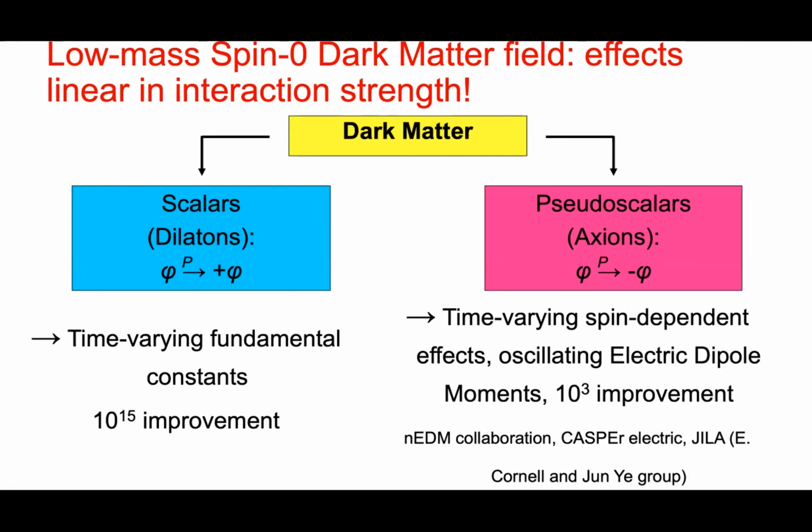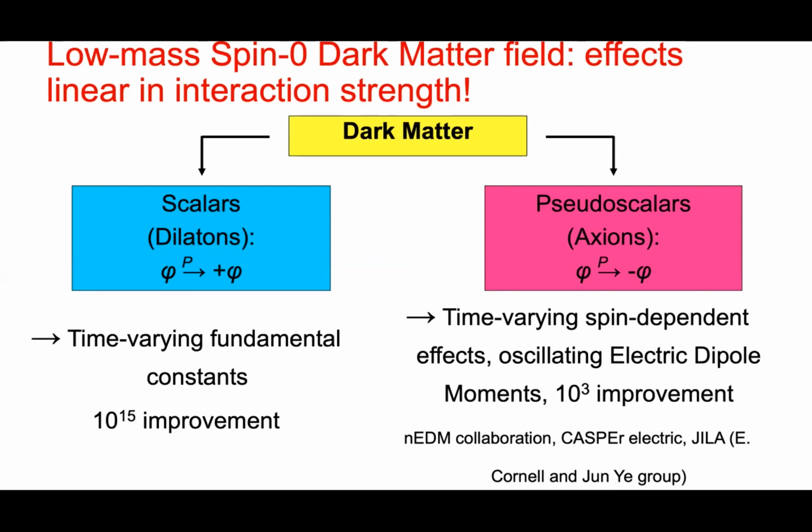For pseudoscalars, the situation is different because pseudoscalars interact with spin. So we have time-variant spin-dependent effects. For example, oscillating electric dipole moments, which usually are studied as a source of time reversal and parity violation. Here we do not have such dramatic improvements.